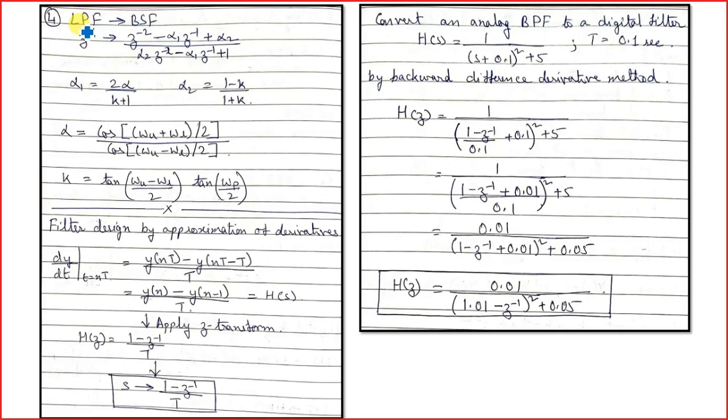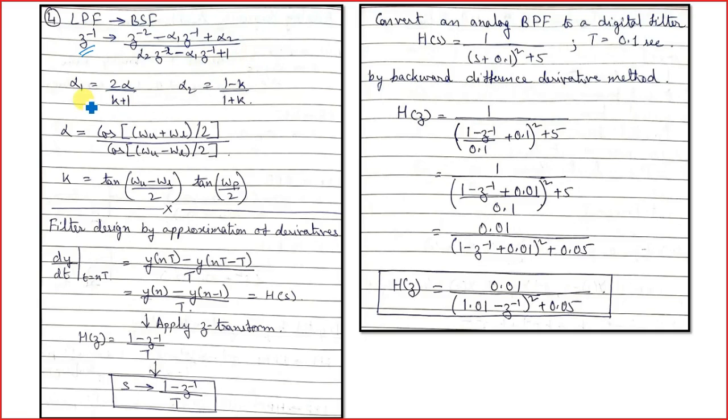Then lastly, we have low pass filter to band stop filter. Over here Z inverse will be transformed to Z to the power minus 2 minus alpha 1 Z inverse plus alpha 2 divided by alpha 2 Z to the power minus 2 minus alpha 1 Z inverse plus 1.